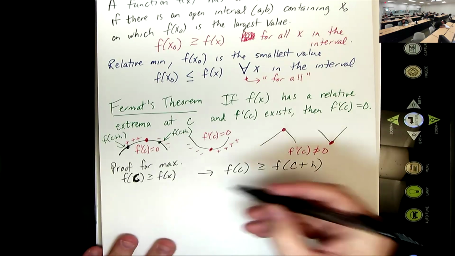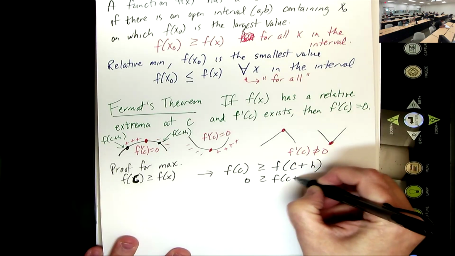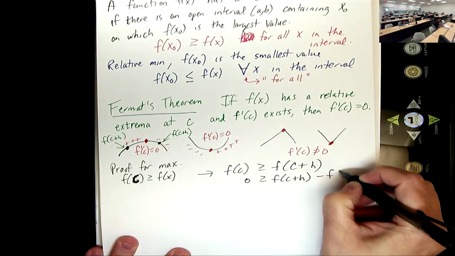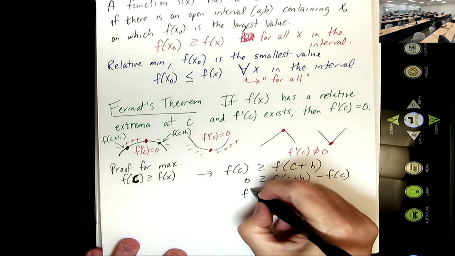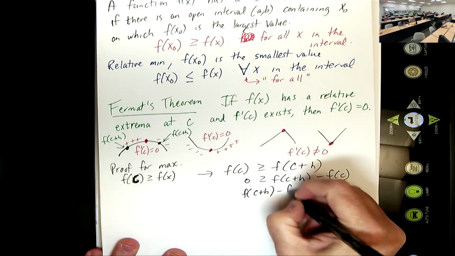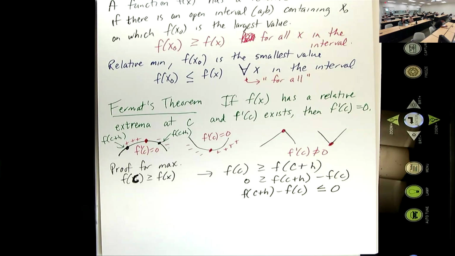Which means if I subtract f of c from both sides, or alternatively, I'm going to write it the other way, with f of c plus h minus f of c on the left, and the 0 is towards the alligator mouth. So this is where we start.